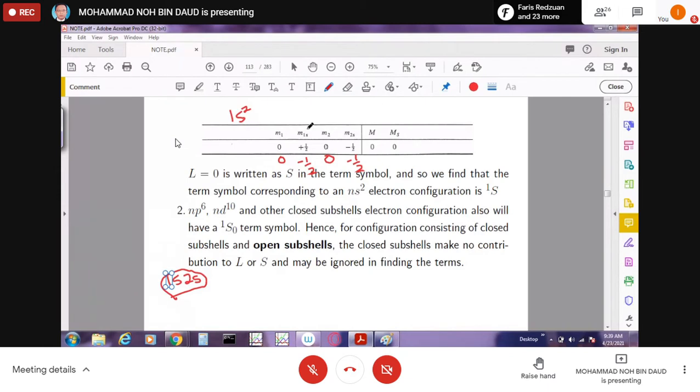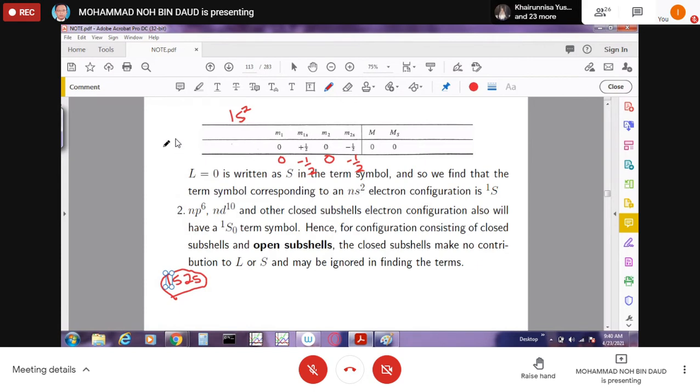This is for the ML, this is for the MS. This is the component of individual quantum number for electron 1. This is electron 2. These are the components. Sorry, not component. Component of spin. This is component of orbital. This is component of spin.